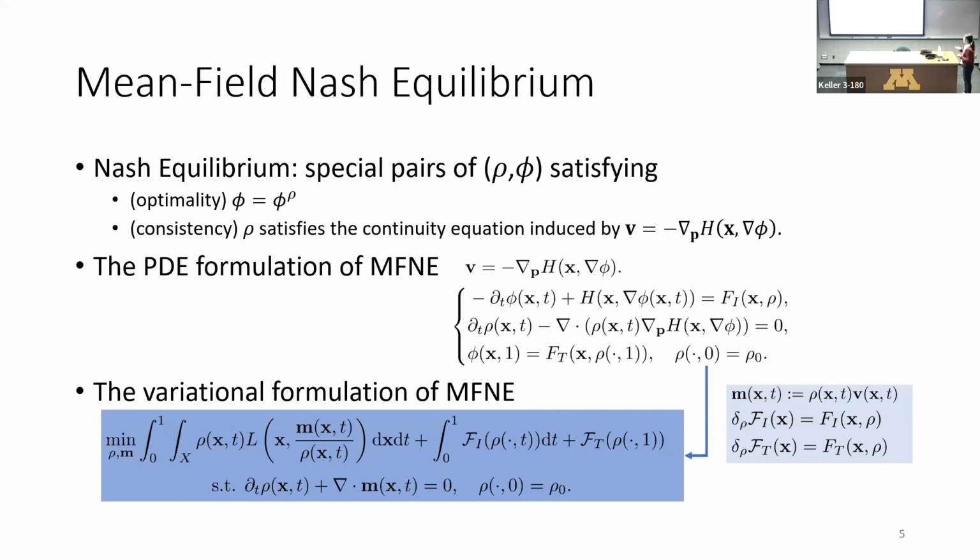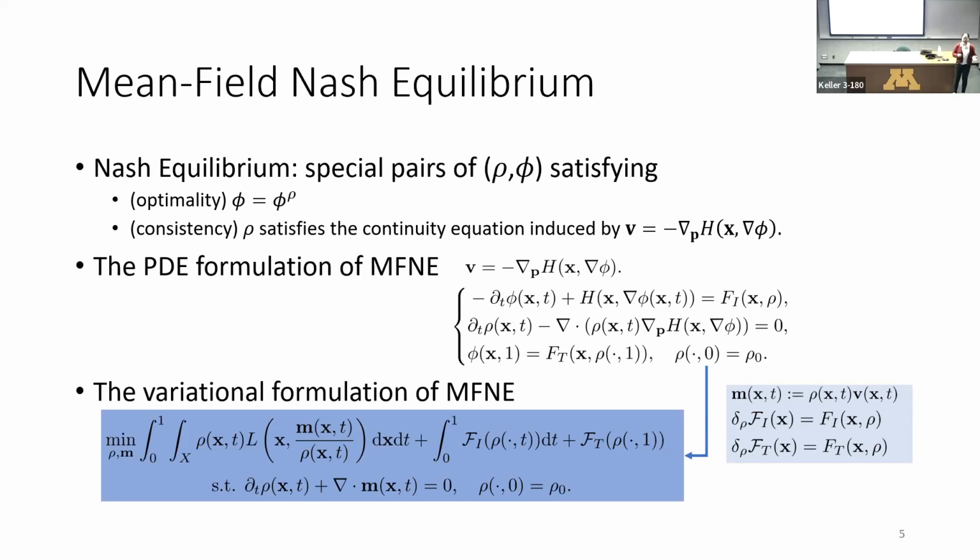If the interaction cost and terminal cost have some potential, then this PDE system can be written as the optimality condition of an optimization problem. And to make this optimization problem easy to solve, instead of solving with respect to rho and v, we write M as the product of rho and v and formulate the problem in this way.